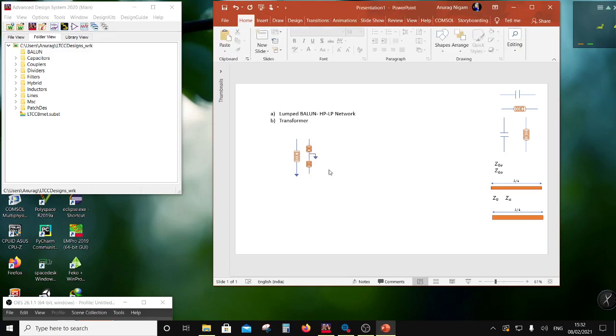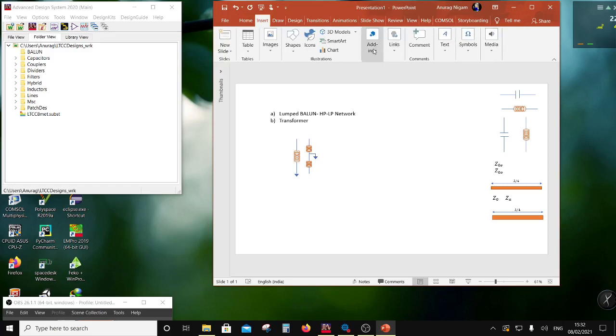So that's a center tap secondary, and then you can have differential output, right? VOP, VOM I can write here. Now this can be laid out. There are two outputs, VOP and VOM, which are going to be the differential outputs, and then you are going to have VI as the input.